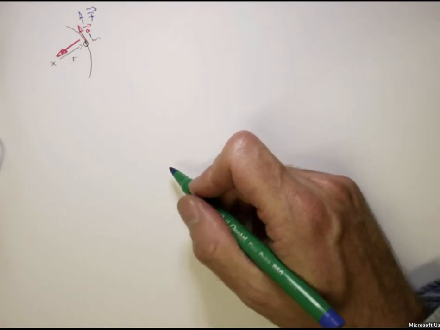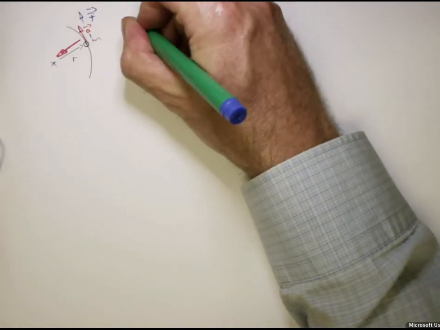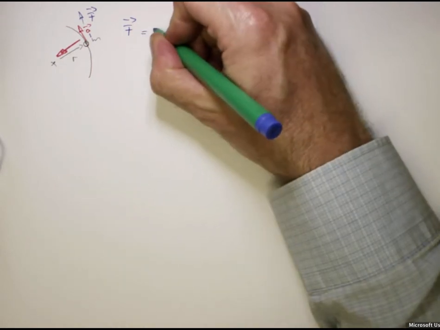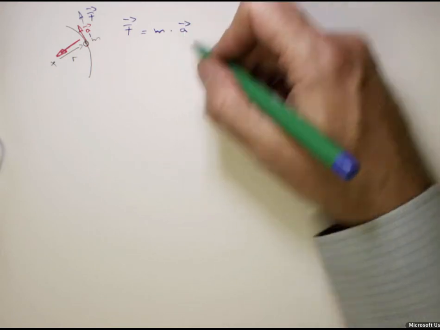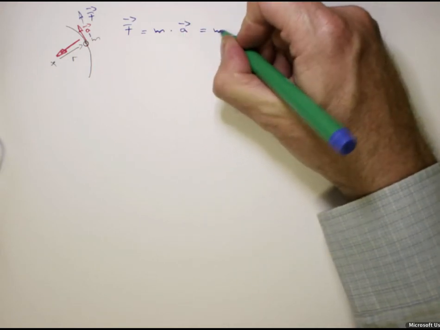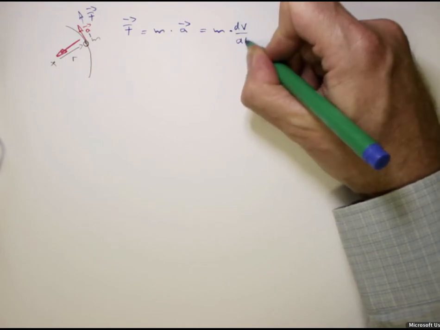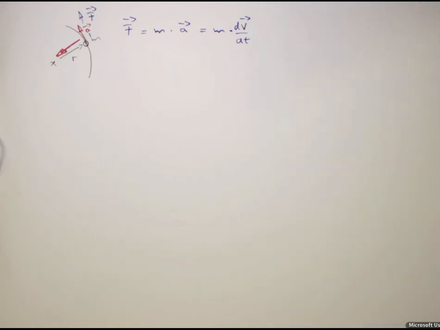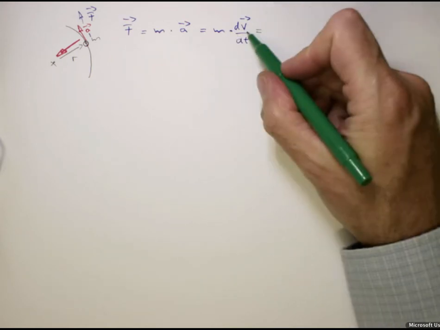The total force on this mass m, circulating in an accelerating fashion about the center of rotation, can then be written as Newton's second postulate, F equals the mass times its acceleration. And we can express acceleration as the time differential of velocity, and then do a transition to rotational parameters.